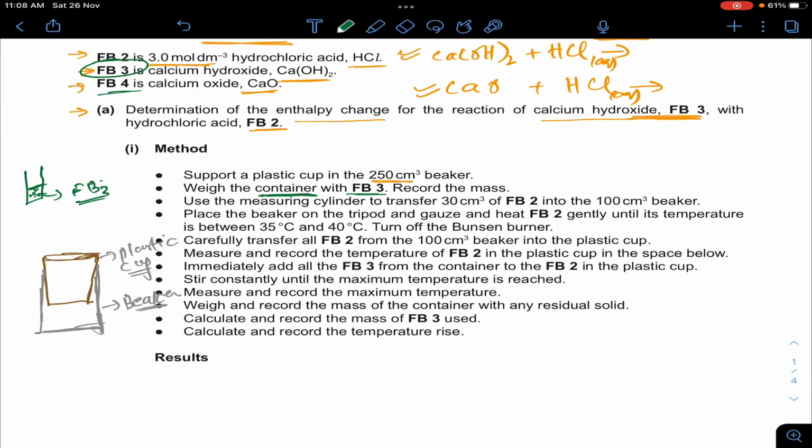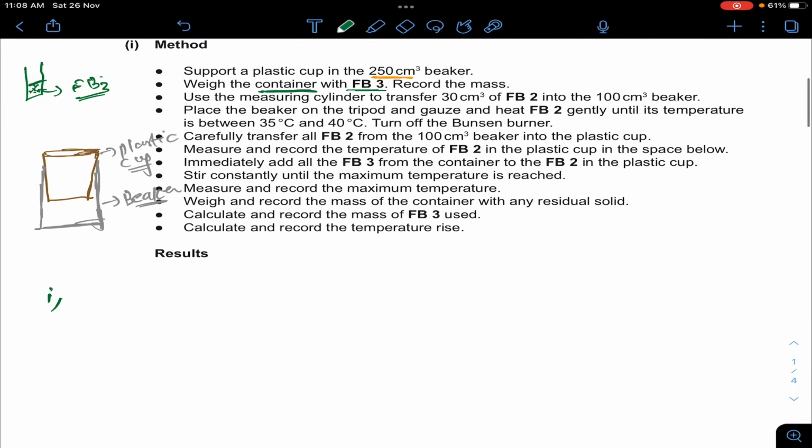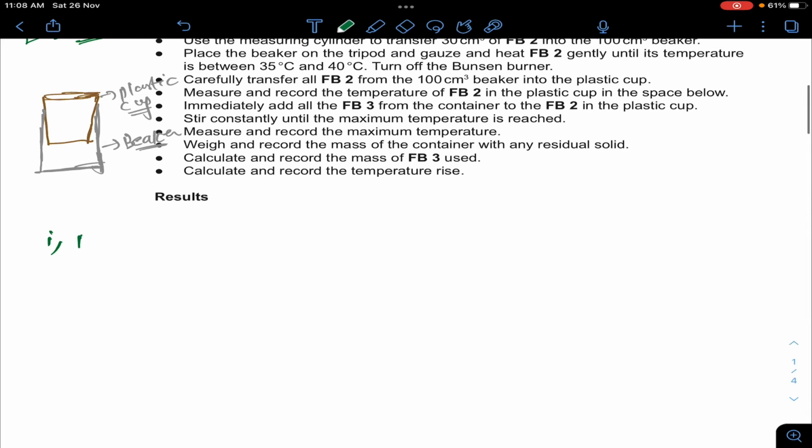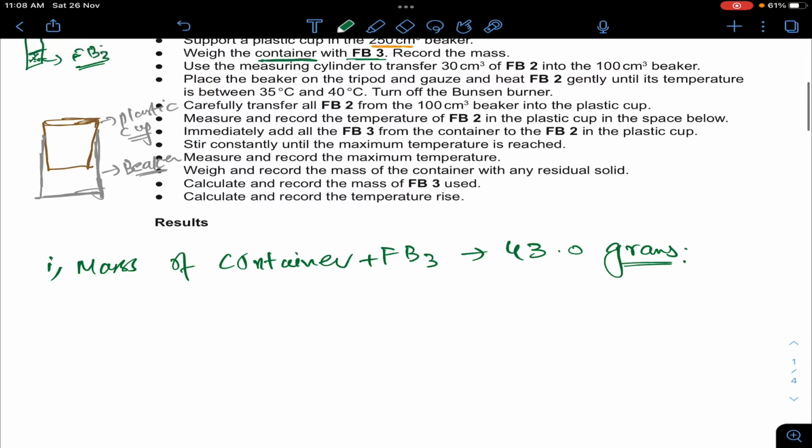We are going to put it on the weighing balance and record the mass. The mass of container plus FB3 that I got was 43.0 grams.